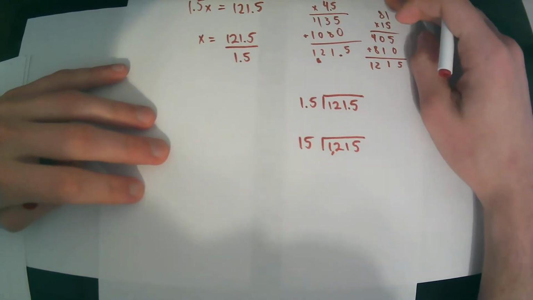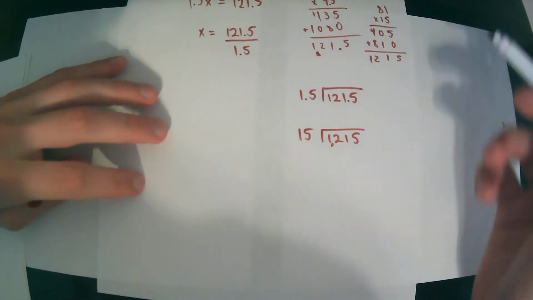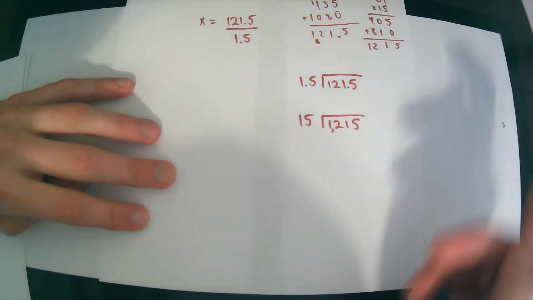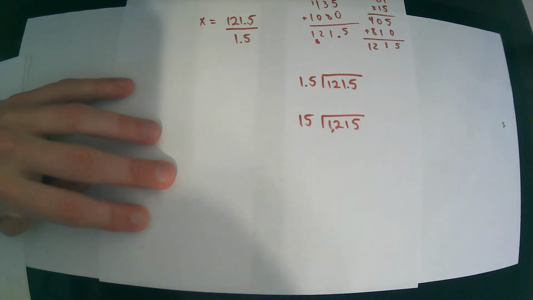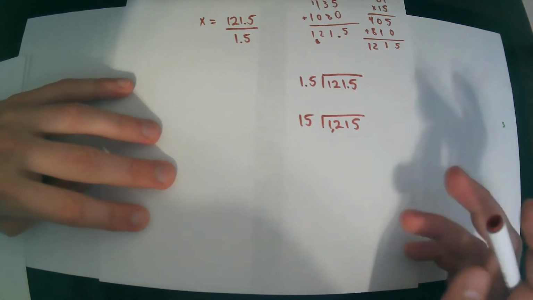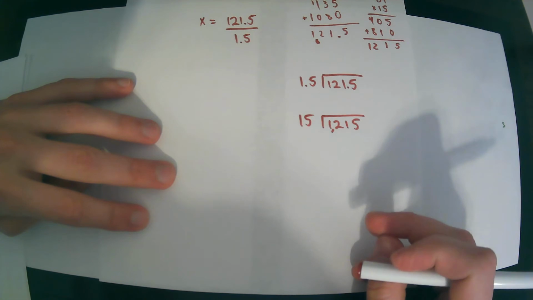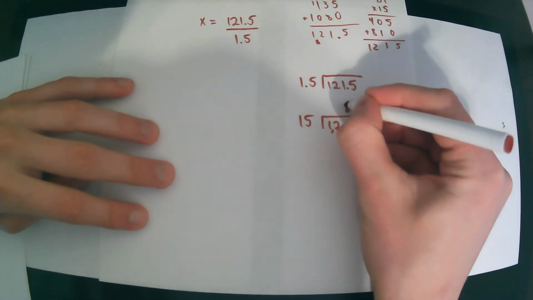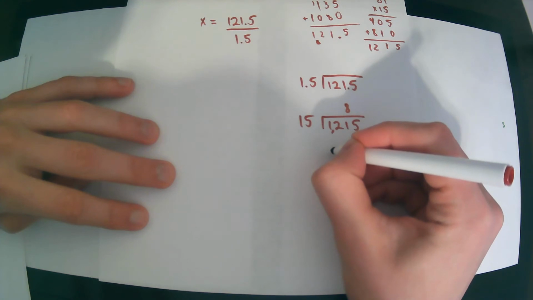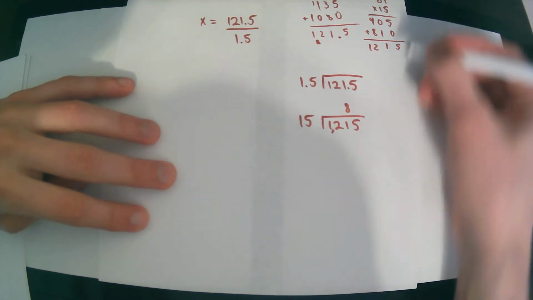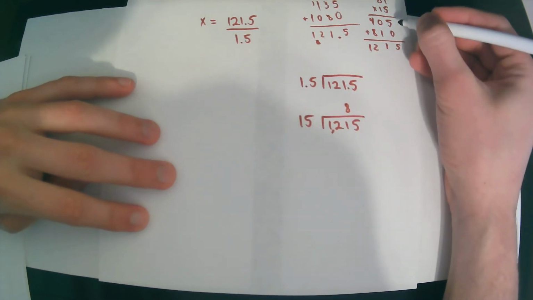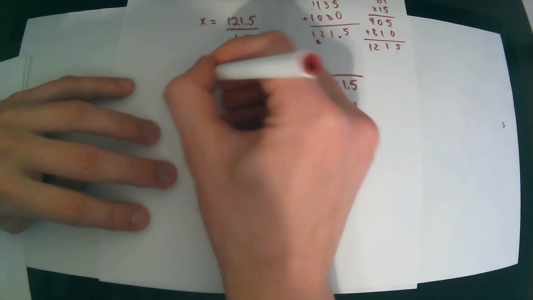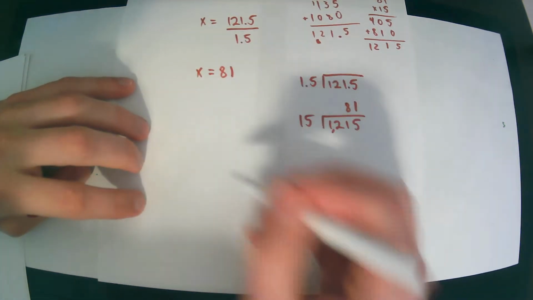It's legitimate as long as you do it in the top and bottom. Now I don't have to deal with the decimal point. How many times does 15 go into 121? Let's see, maybe 8 times, right? 8, yep. Okay, so x is 81. x is 81.